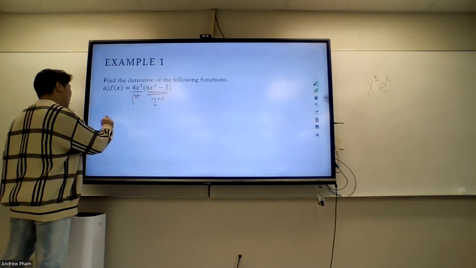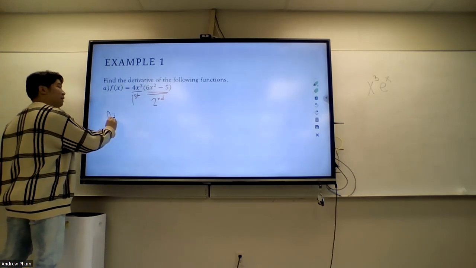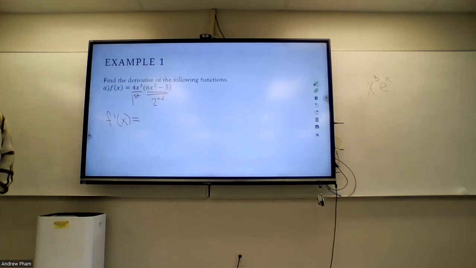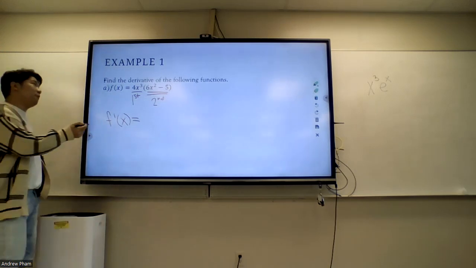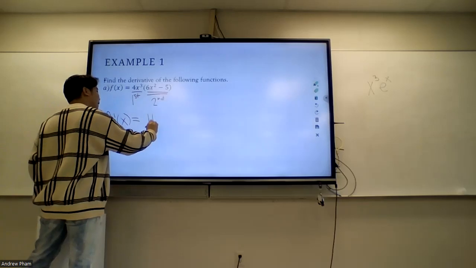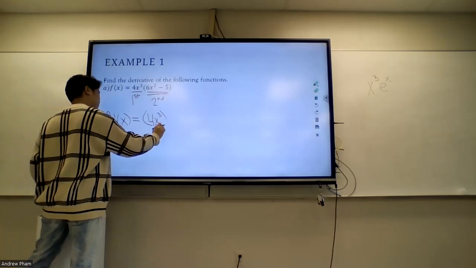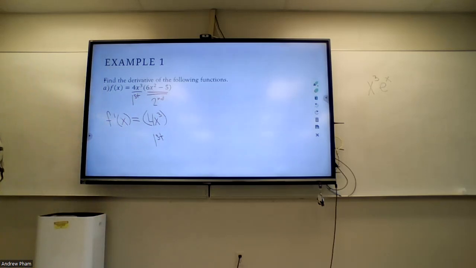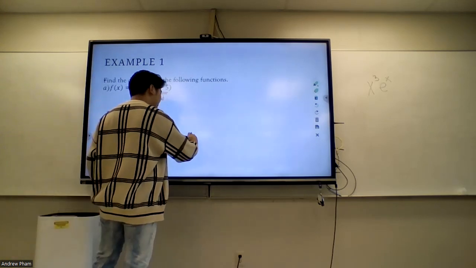So, according to my product rule, the derivative of this product is the first, so I copy down this expression, 4x cubed, times the derivative of the second.